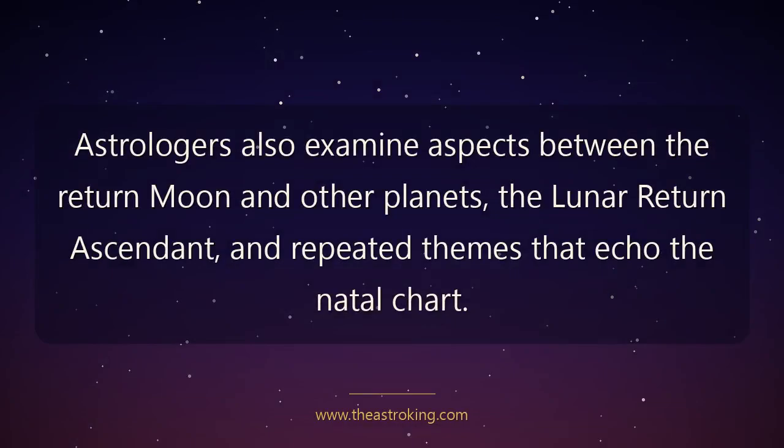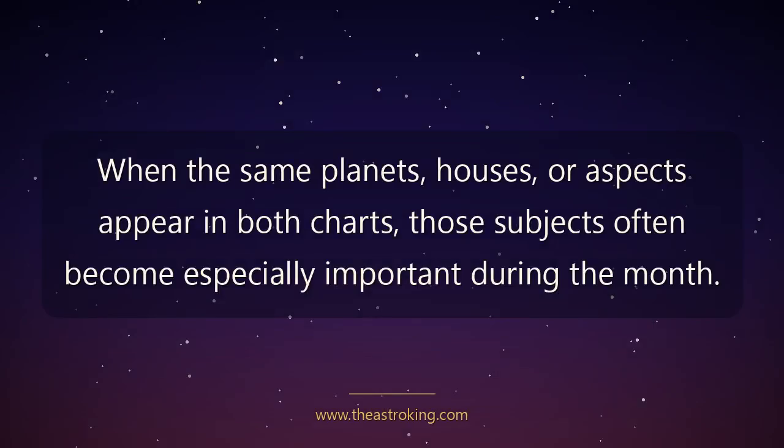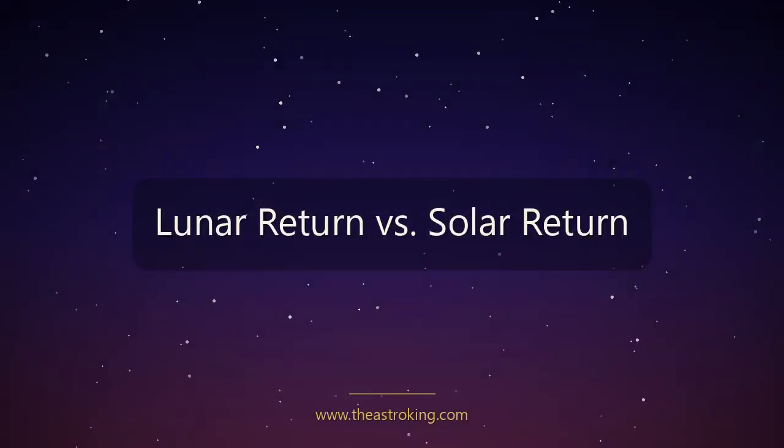Astrologers also examine aspects between the return moon and other planets, the lunar return ascendant, and repeated themes that echo the natal chart. When the same planets, houses, or aspects appear in both charts, those subjects often become especially important during the month.